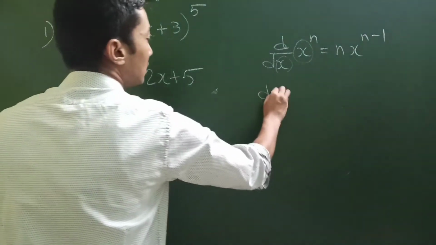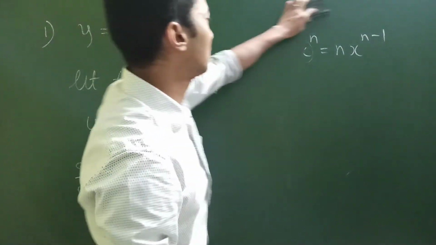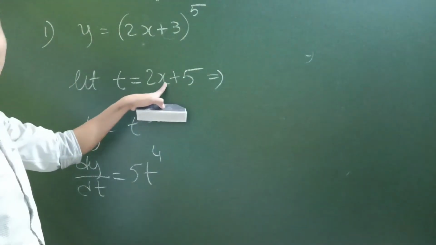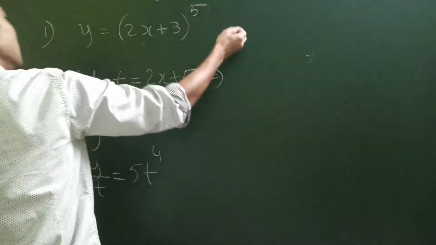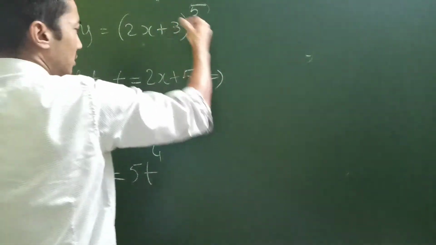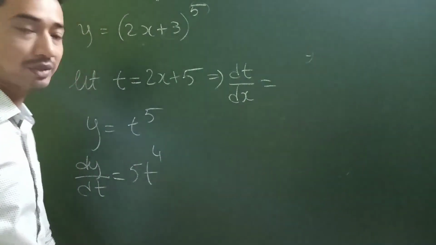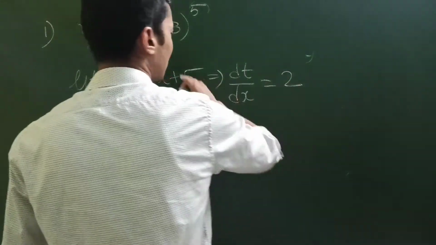But I need dy by dx. This substitution I will differentiate with respect to x, because the function is with respect to x. That means this was the outer shell, and now we want the inner shell, the derivative of t with respect to x. So the derivative of 2x is 2, and the constant gives 0.